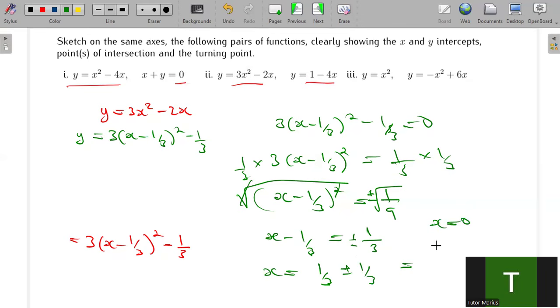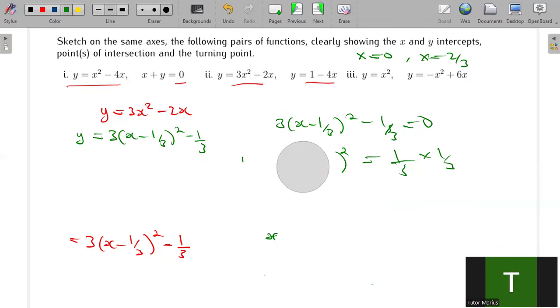So x will be 0, and the other value of x, when we add, we keep the denominator and add the numbers in the numerator, 1 plus 1 gives us 2. So we get this. Meaning our x-intercepts are x equal to 0 and x is equal to 2 over 3.